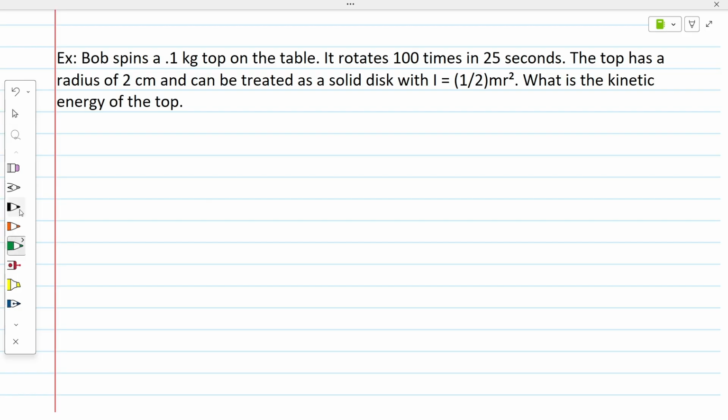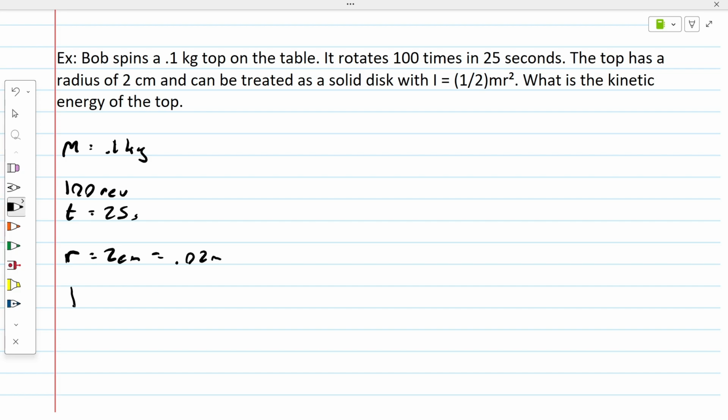Let's start how we'd always start and list out our variables. We have the mass, which is 0.1 kilograms. We have 100 revolutions for a time of 25 seconds. We have a radius of 2 centimeters, which we'll want in meters, so that's 0.02 meters.